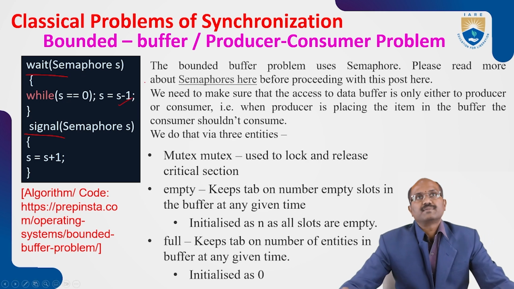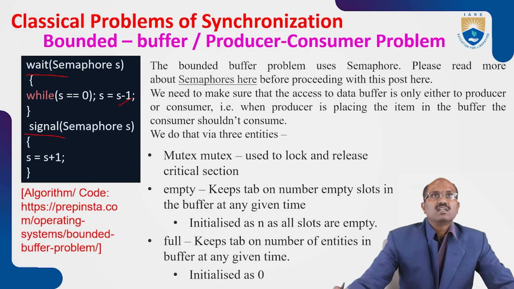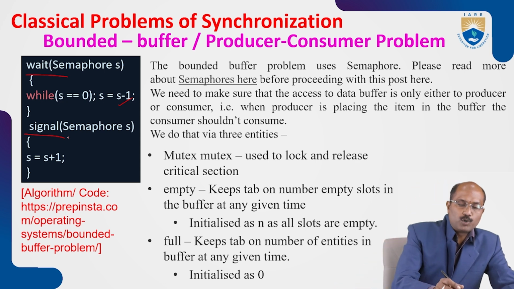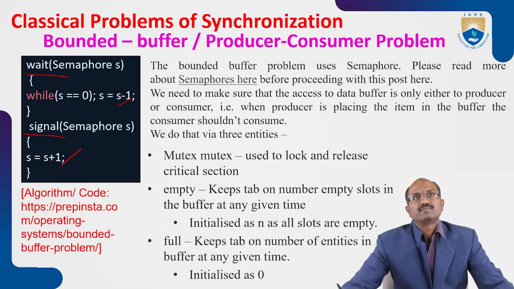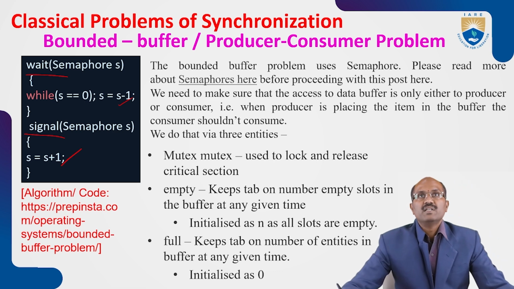When the signal starts, that is when the producer comes, S should be incremented by 1. So the bounded buffer problem uses semaphores.